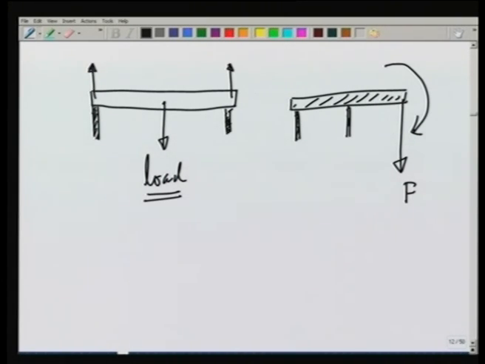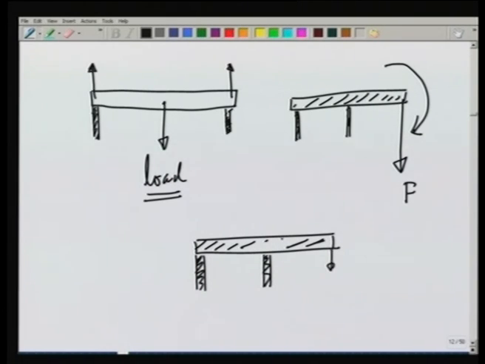Another effect the force can have is, again looking at the same beam being supported by 2 supports, 2 pillars, if I apply a force here, it could bend like this. So, there are all sorts of things that a force can do besides just giving it a motion. It can make the body rotate or make it bend.